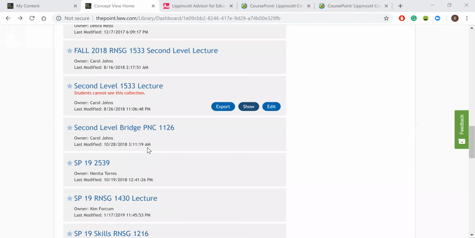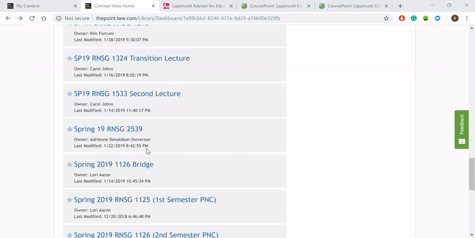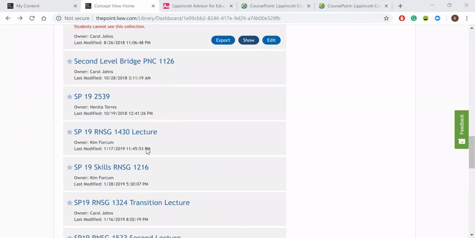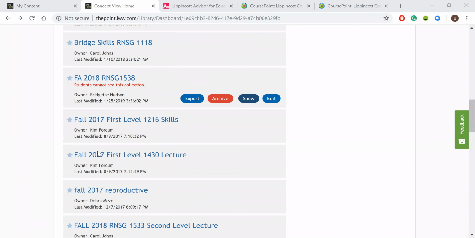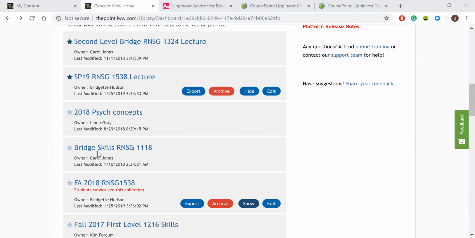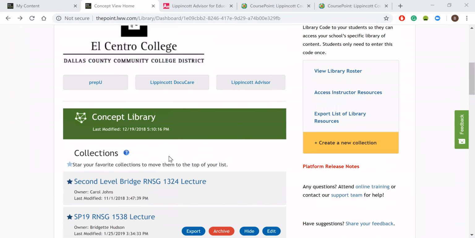Someone found it through PrepU. Okay. That is interesting that it wasn't selected. I don't know if I can actually add it to a collection, because I don't have rights to that collection.